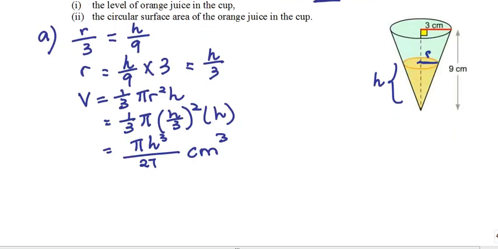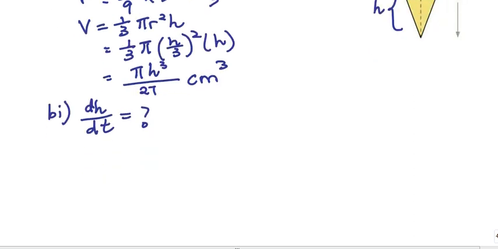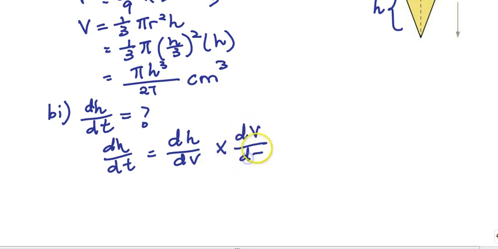So in B part 1, the aim of the question is actually to find out what is dH over dt. And using what we know about connected rates of change, we know that dH over dt can be expressed as dH over dV times dV over dt.